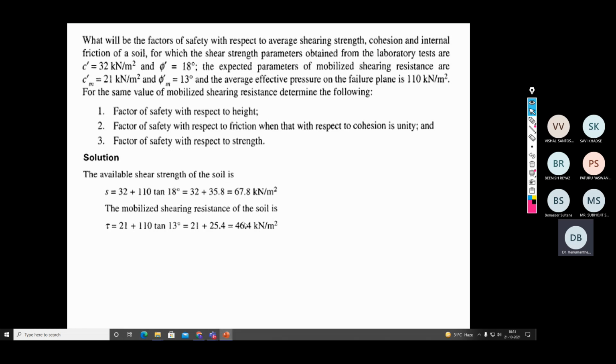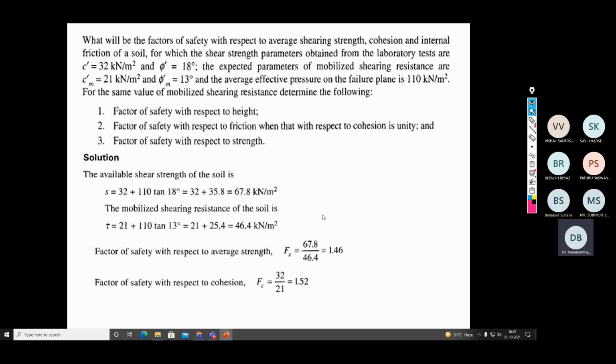It won't fail immediately when the shear stress reaches 46.4; it could still take some more load. If you keep on increasing the normal stress, the shear stress increases from 46.4, and when it reaches 67.8, it simply collapses or a landslide occurs.